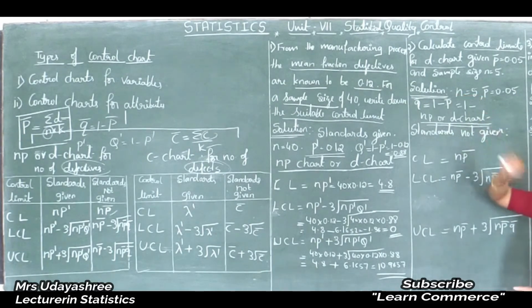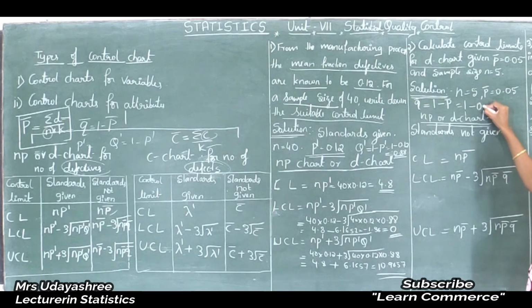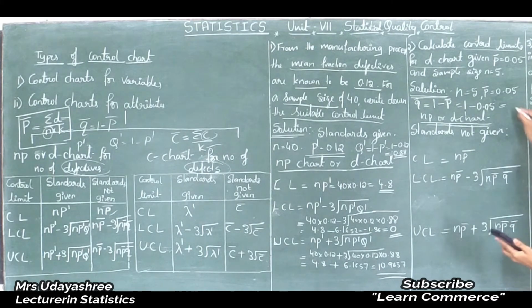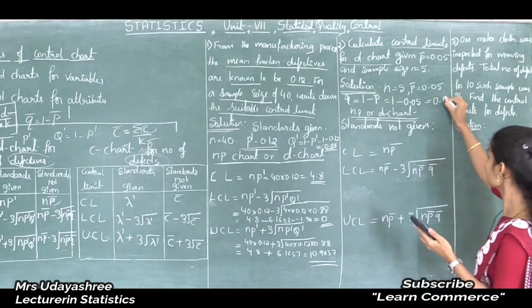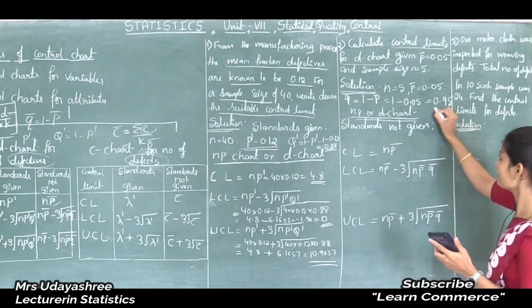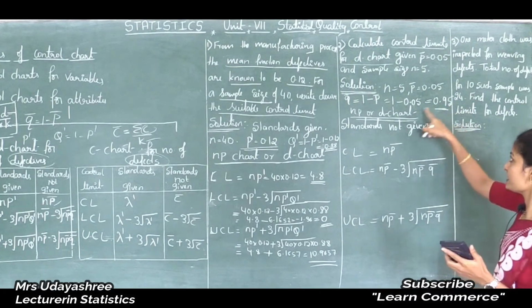Therefore, in place of P bar I will substitute 0.05, so this is equal to 1 minus 0.05, that is 0.95. So here we got the Q bar value also, that is 0.95.